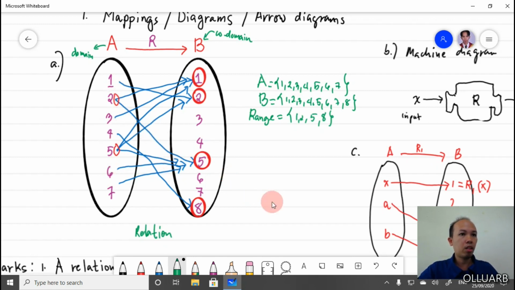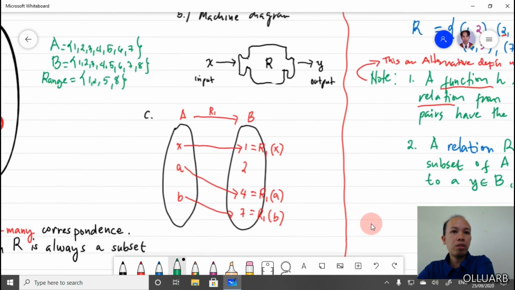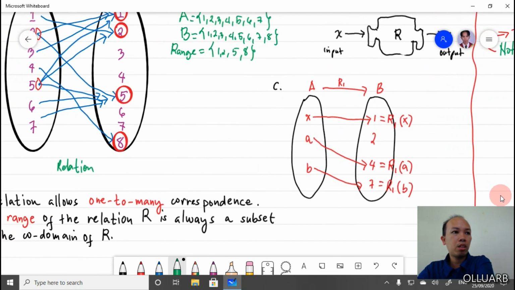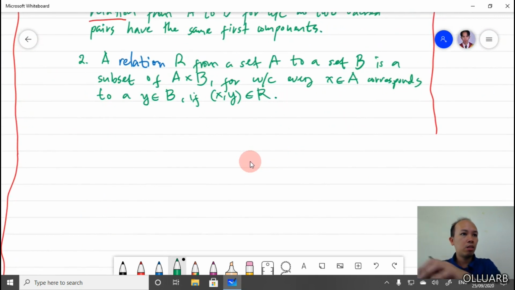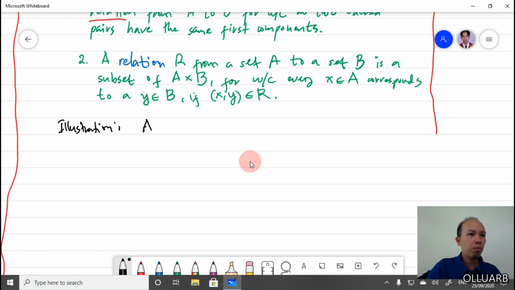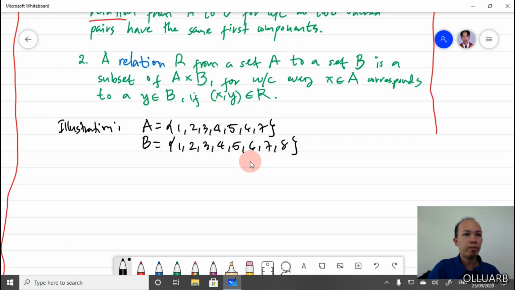Notice that our domain is from 1 to 7 and our codomain is 1 up to 8. Your A is 1 up to 7, and our codomain is 1 up to 8.